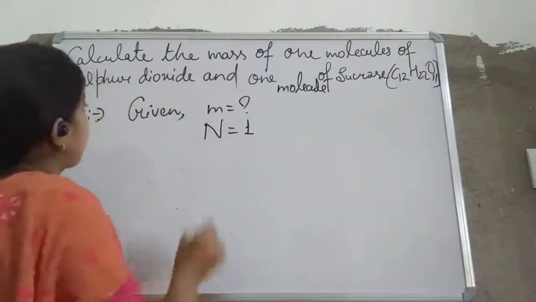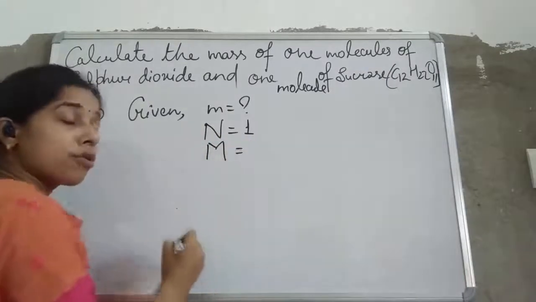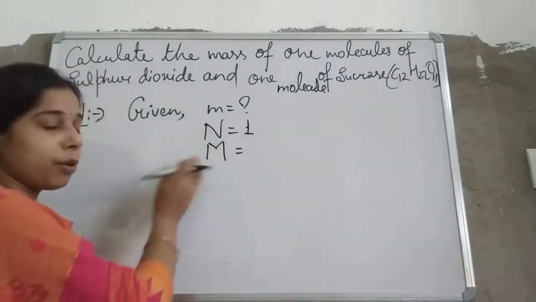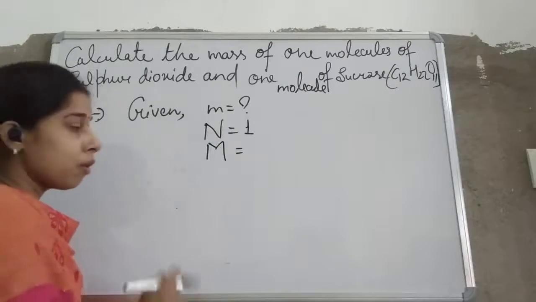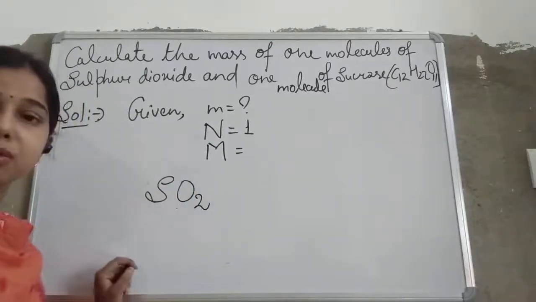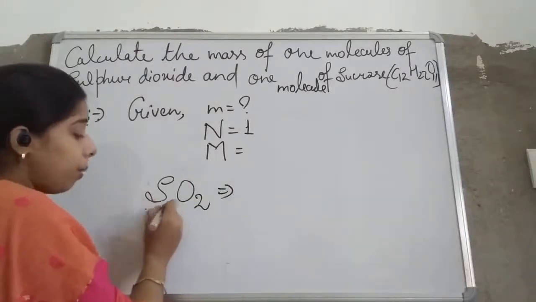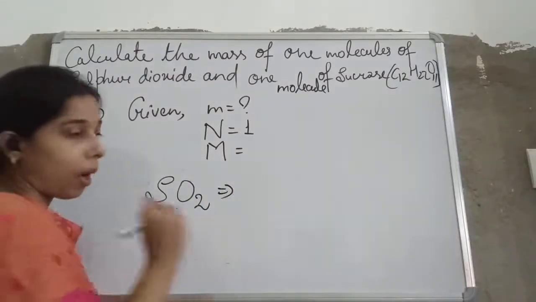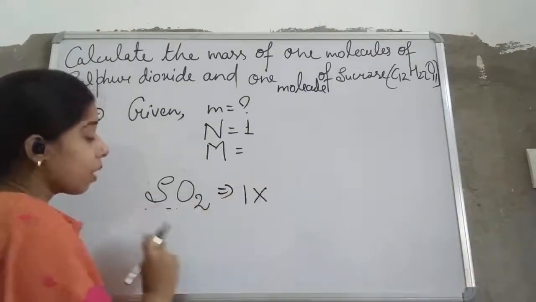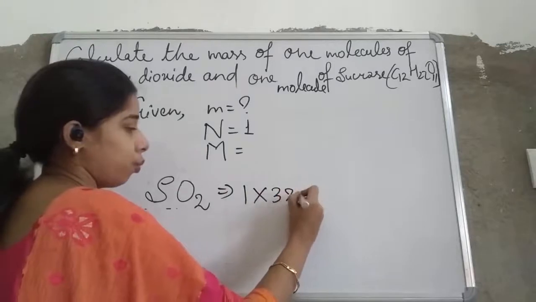Okay. Then sulfur dioxide is there, so we are able to find the molecular mass also. This is the formula of sulfur dioxide. Now, how many atoms of sulfur are there? 1. What is the atomic mass of sulfur, student? That is 32.